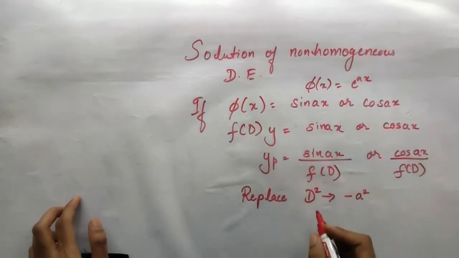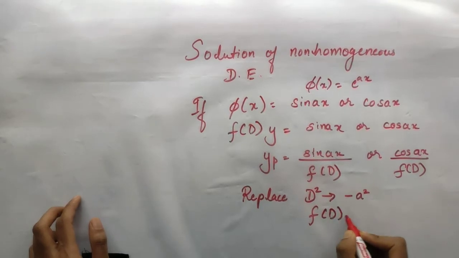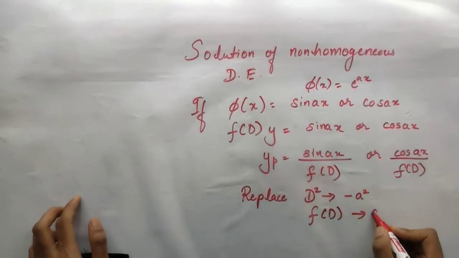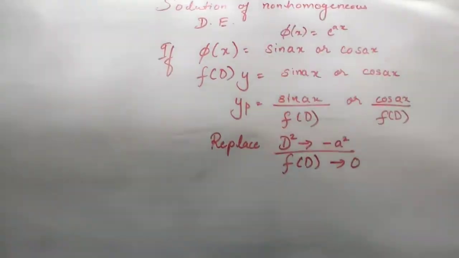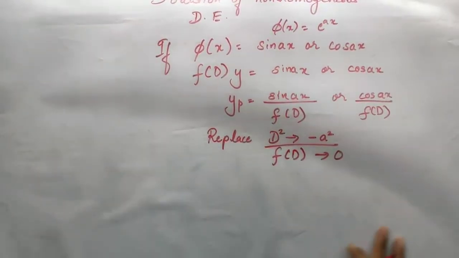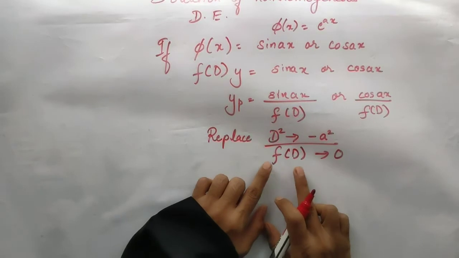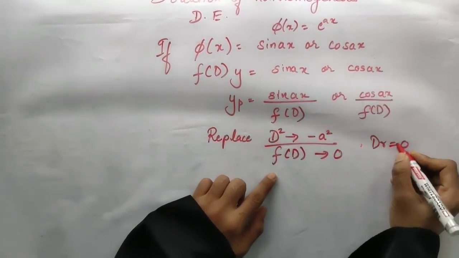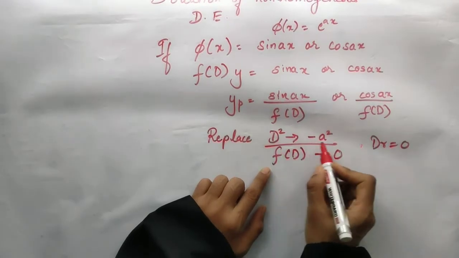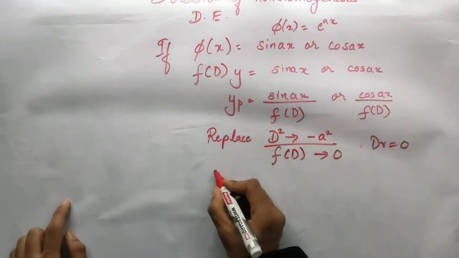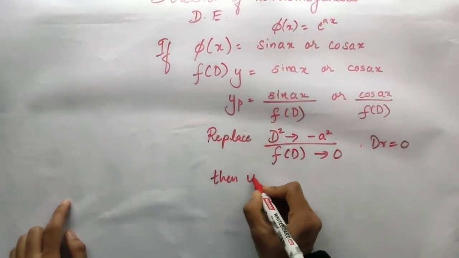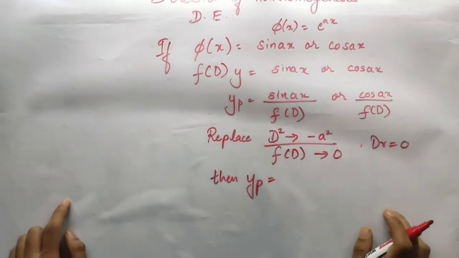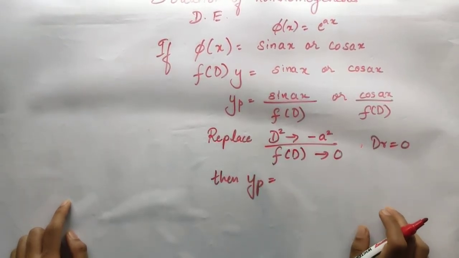Now in case the denominator f of D turns 0 after doing this replacement of D square by minus a square, then your yp should be the same as how we did in the e to the power ax case.